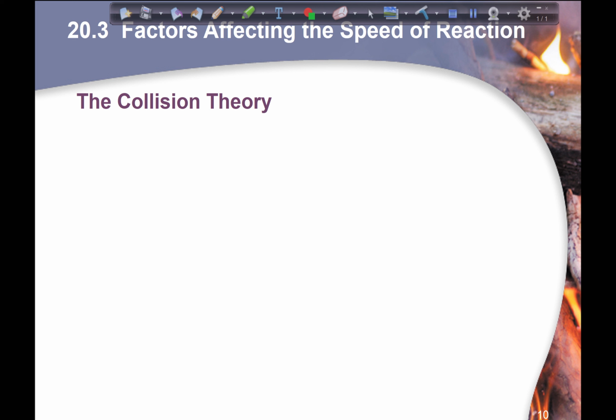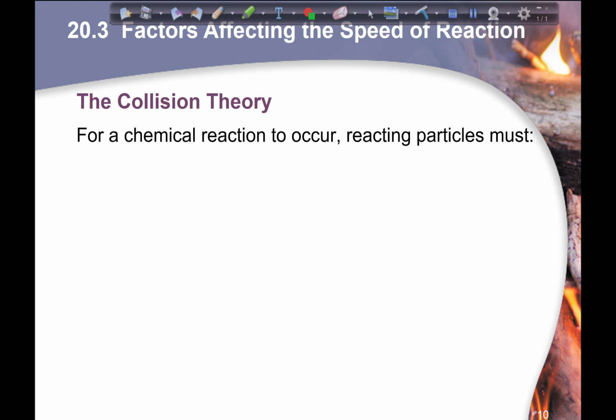Alright, so now that we know how to measure the speed of reaction, we need to know this concept known as the collision theory. This forms the fundamental of our understanding of the speed of reaction. In order for a chemical reaction to occur, these two things must occur.